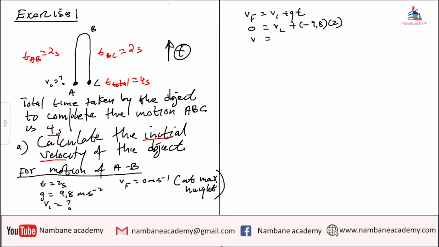And it means my V initial, okay, let me write the right way, minus 19.6, and then V initial is equals to 19.6 meters per second, comma, this is now upwards. Why is it upwards? The answer is positive, and I chose my upward, ladies and gentlemen, as now what? Positive.